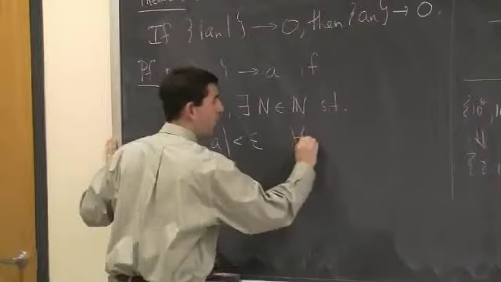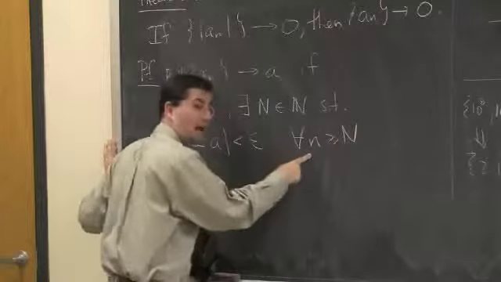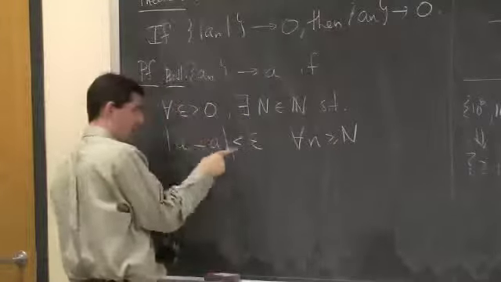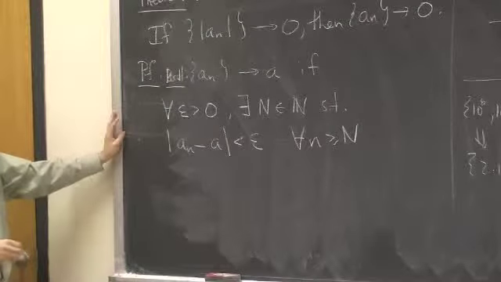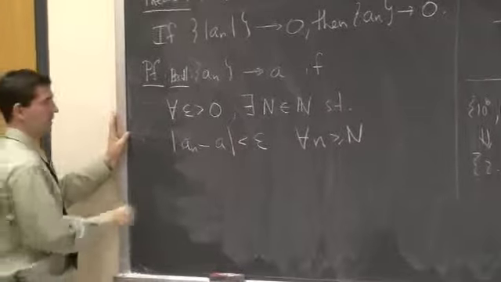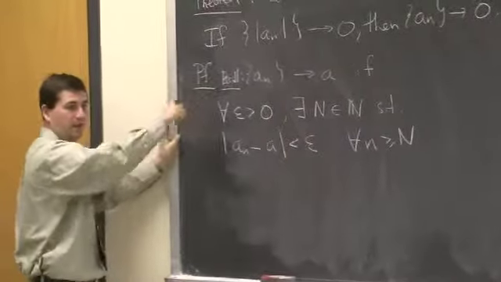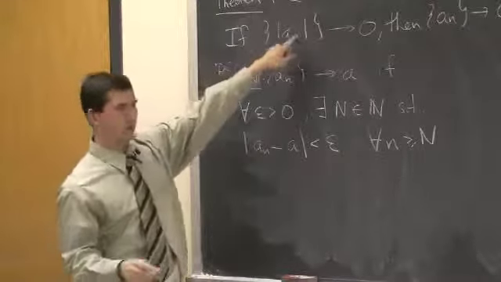And then for all n greater than or equal to N, which means I stay close. I get close and I stay close. So that was the definition. That's what it meant to converge. So let's see what that means in this case.